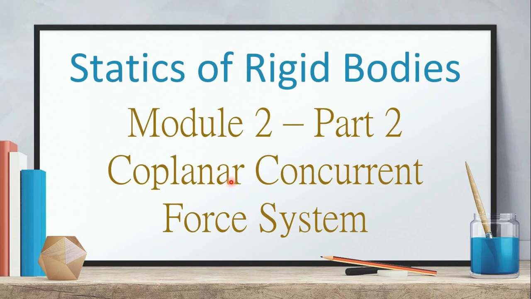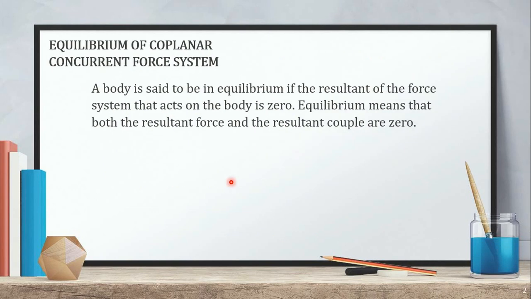Okay, so let's start. By the way, a body is said to be in equilibrium if the resultant of the force system that acts on the body is zero. Meaning, the resultant force is zero. Simply as that. And equilibrium means that both the resultant force and the resultant couple are zero.